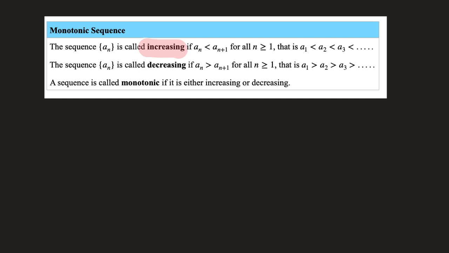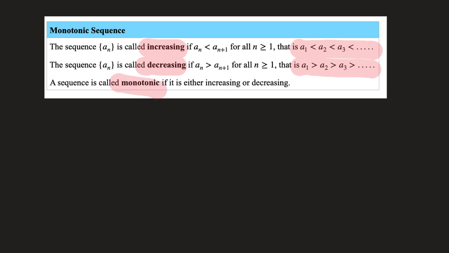Increasing means A2 is bigger than A1, A3 is bigger than A2. Another case is the sequence is decreasing: A1 is the biggest, A1 is bigger than A2, A2 is bigger than A3. So when a sequence is increasing or decreasing, we say it is monotonic.